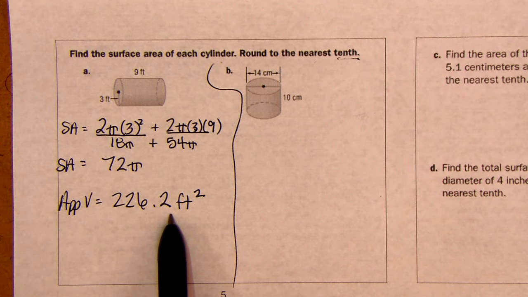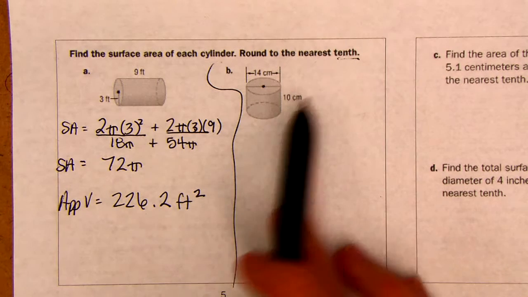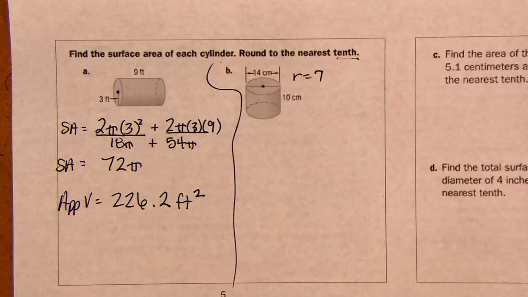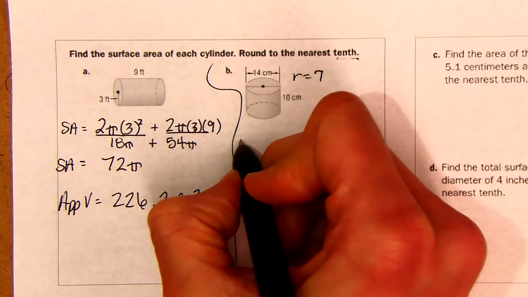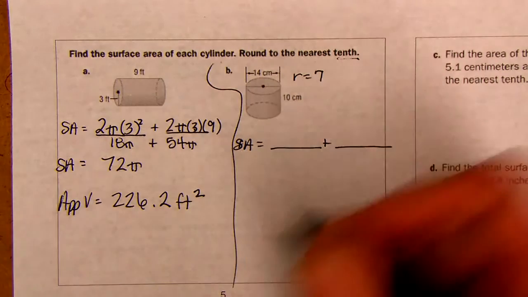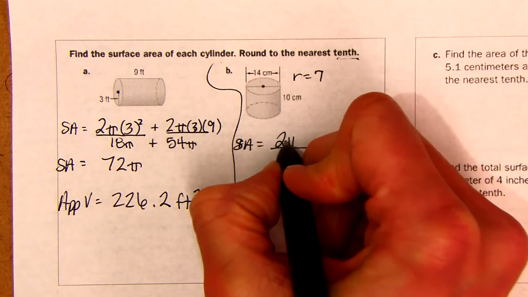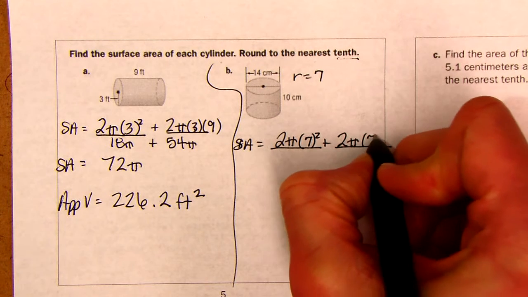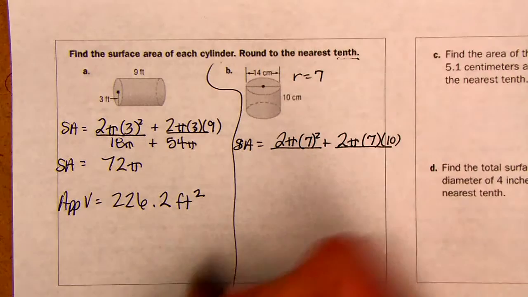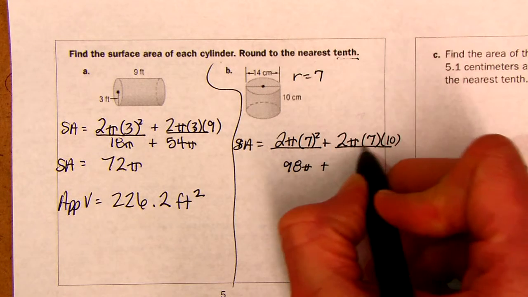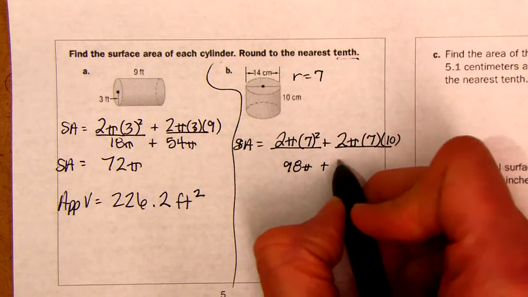Again, they're being tricky. They gave us a diameter, so we have to remember that the radius is 7. So the surface area, remember, is 2 circles plus a rectangle. So I've got 2 pi 7 squared plus 2 pi times the radius times the height. 49 times 2 is 98 pi. 2 times 7 is 14, times 10, is 140 pi. 98 plus 140 gives me 238 pi.